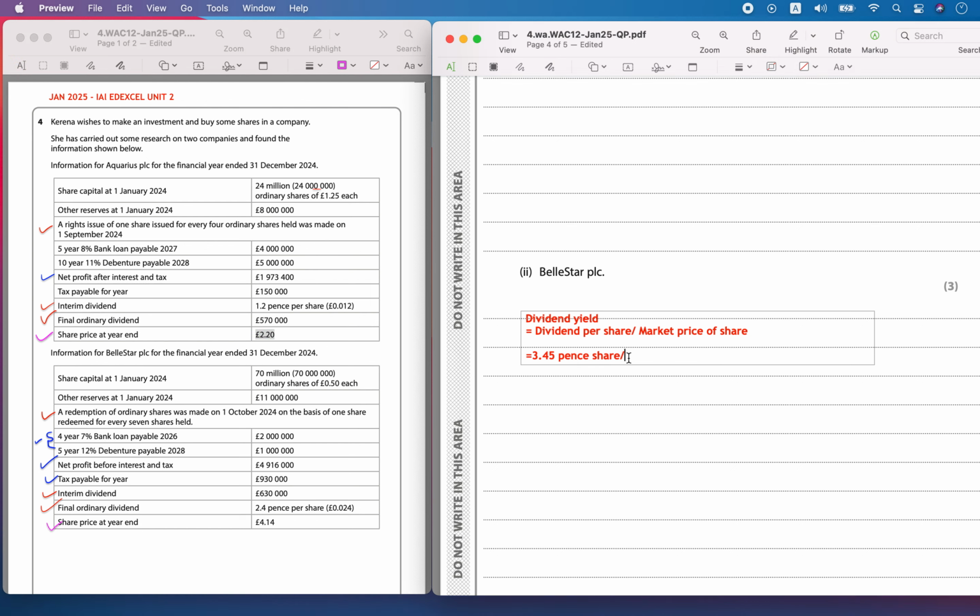We can see that it is 4.14 pounds, so I'm going to write it as 414 pence. You should know that 1 pound is equal to 100 pence, so you should be able to convert like this. So 3.45 pence divided by 414 pence, times 100.